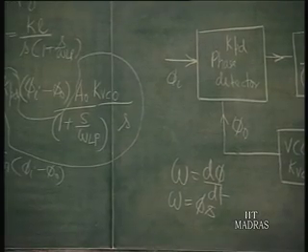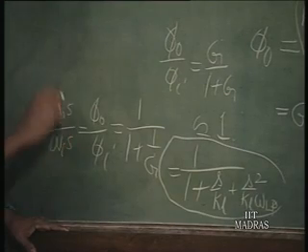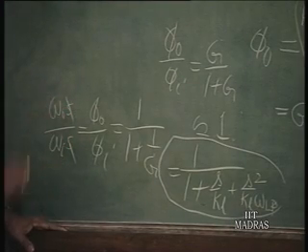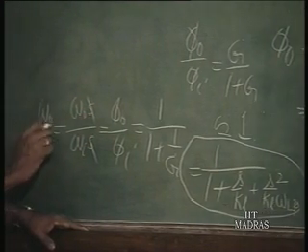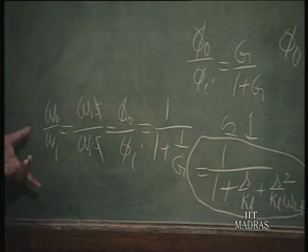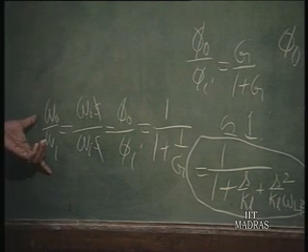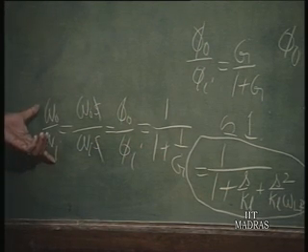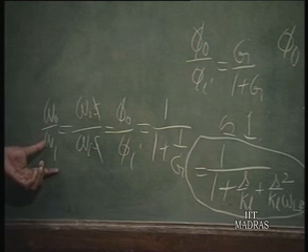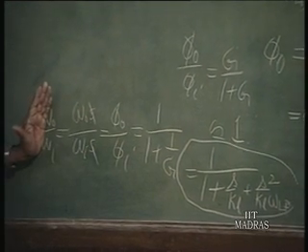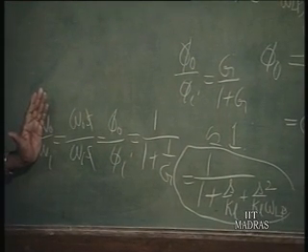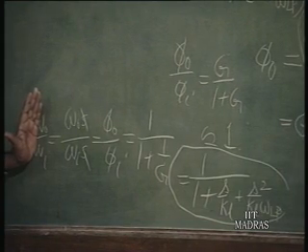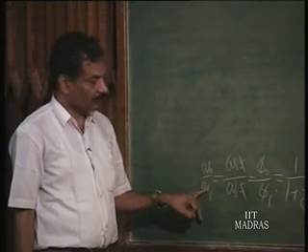So, omega naught over S is equal to phi naught, omega I over S is equal to phi I. So, this S gets cancelled. So, if it becomes a phase follower, it will also have frequency following action. Output frequency is going to be same as input frequency. This is an important property of phase lock loop. Output frequency will be exactly equal to input frequency.